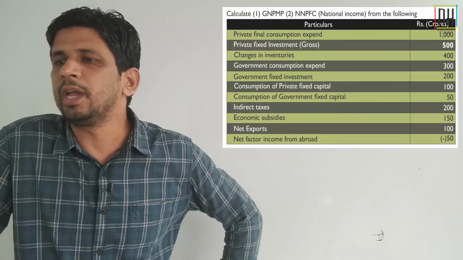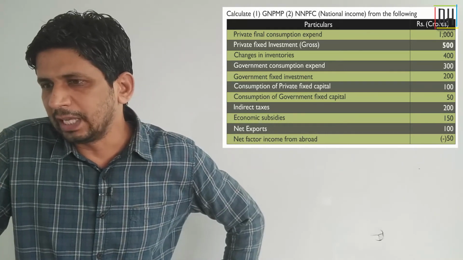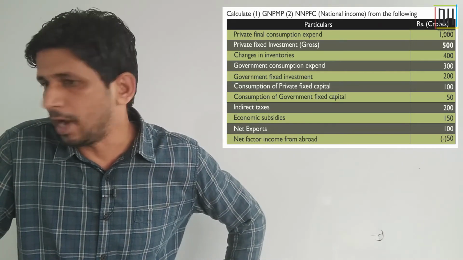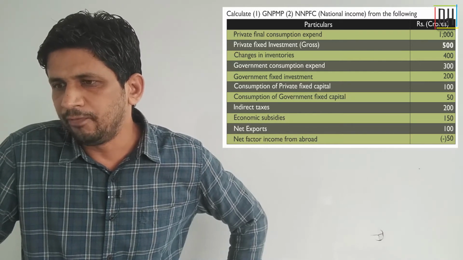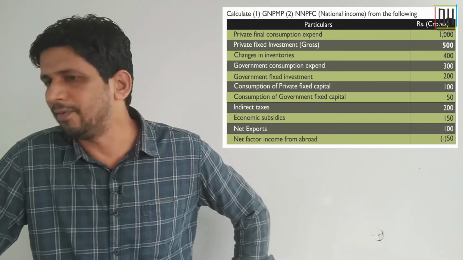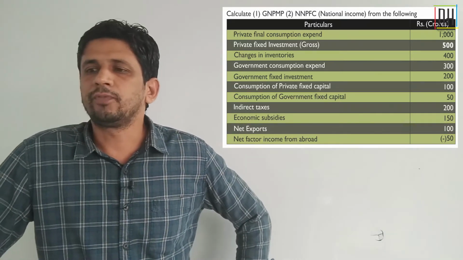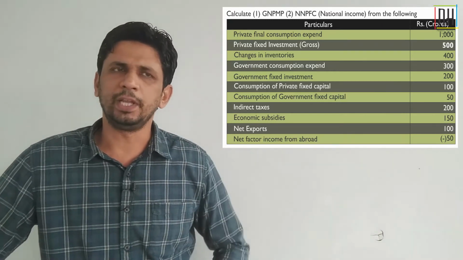Next question is: Calculate GNP at market prices and NNP at factor cost using the expenditure method. Given are private final consumption expenditure, private fixed investment gross, changes in inventory, government consumption expenditure, government fixed investment, and consumption of private fixed capital and consumption of government fixed capital, which means depreciation of both sectors given separately.